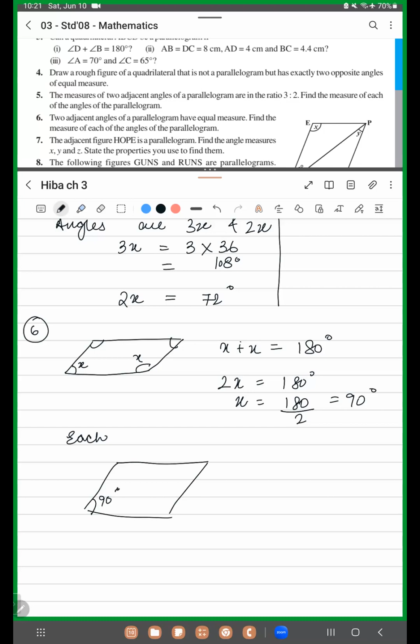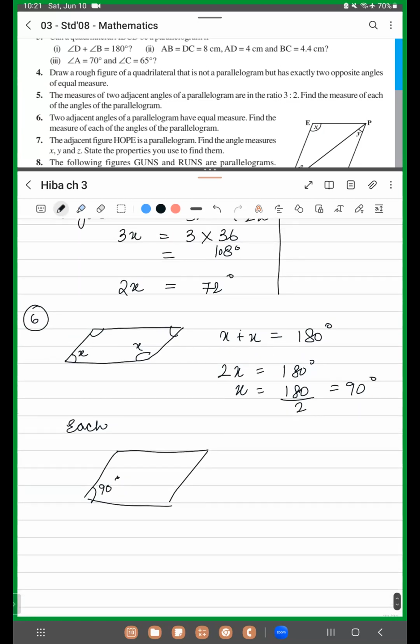I'm not telling you anything else. I'm just telling you that one angle is 90. Now tell me, what will all of the other angles be? You will say that if just one angle is 90, then all of them will automatically be 90, because let's say this one is 90. Then the opposite one becomes equal.